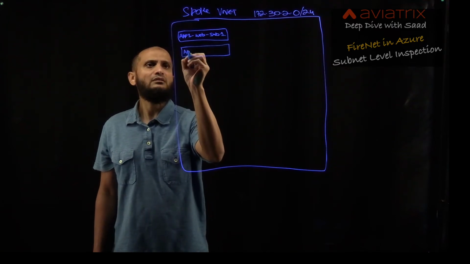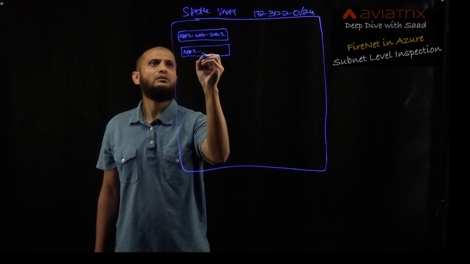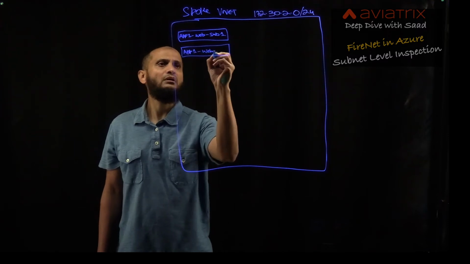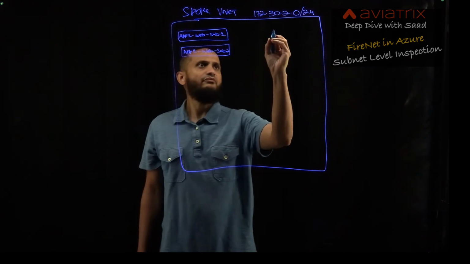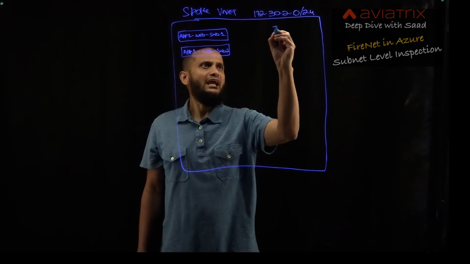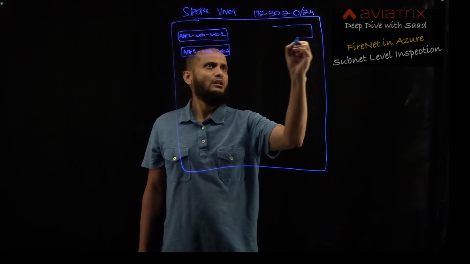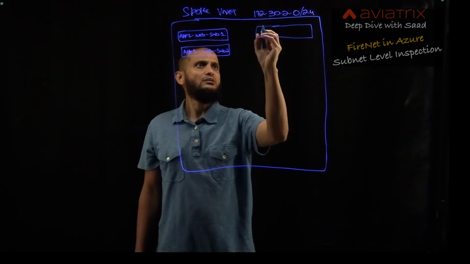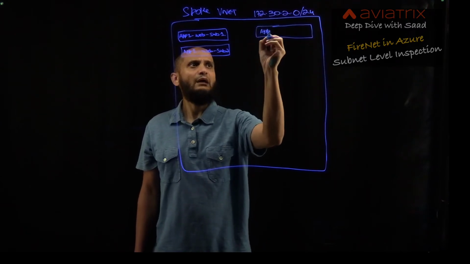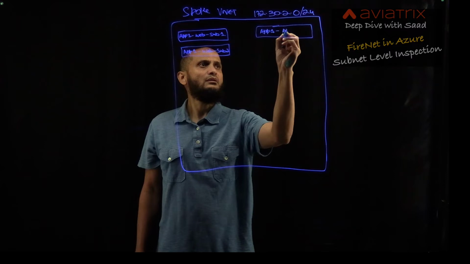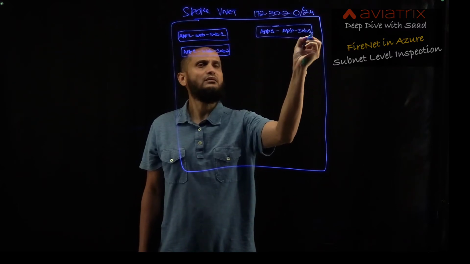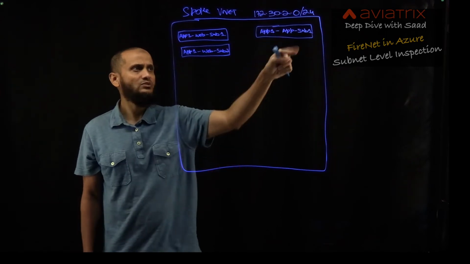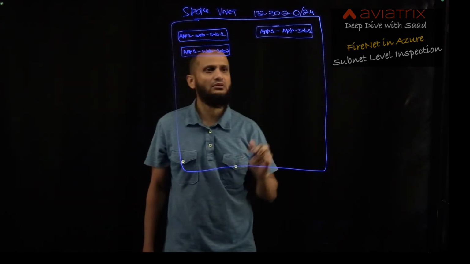We can call it app 1, web, subnet number 2. We do have the app tier here as well. This could be app 1, app subnet 1. So this is the web tier. This one becomes your app tier.